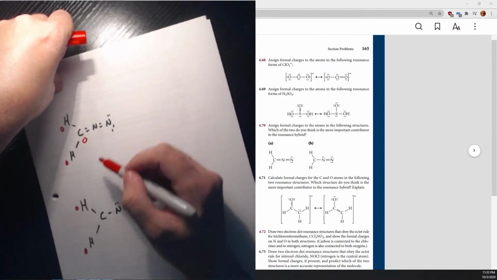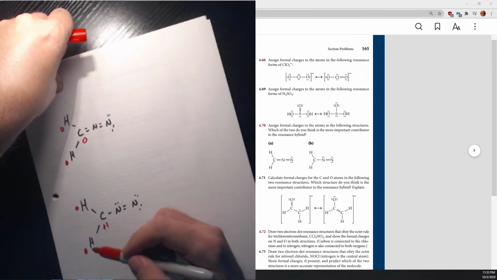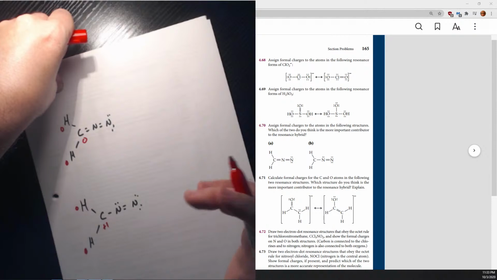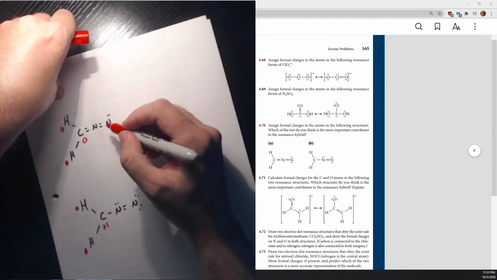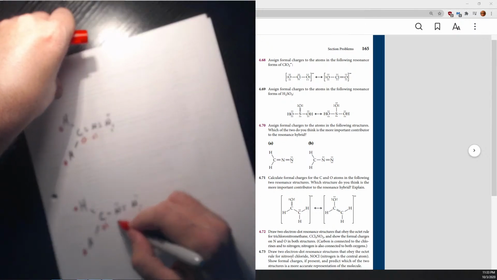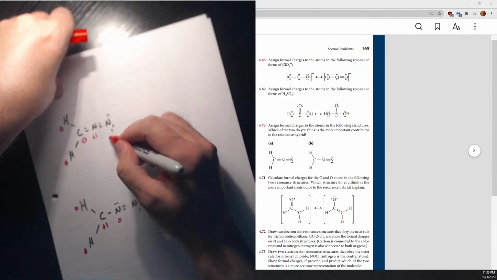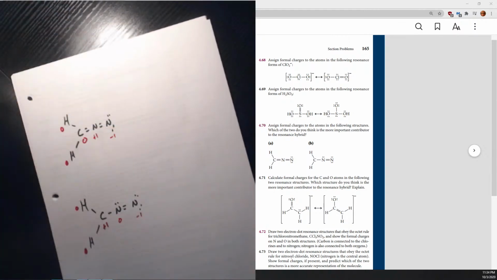Here, carbon is 0. Here, it is +1. And it doesn't have the full octet. It has just an empty p orbital hanging out there, just begging for something to come in and bond. Here we have +1. Here we have 0, -1, -1. All right.